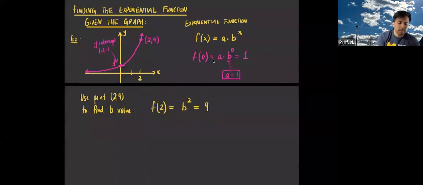And then how do I get b though? What is the b value? The b value is 3 because when I take the square root of b squared, and the square root of 9, I get that the b value is 3.